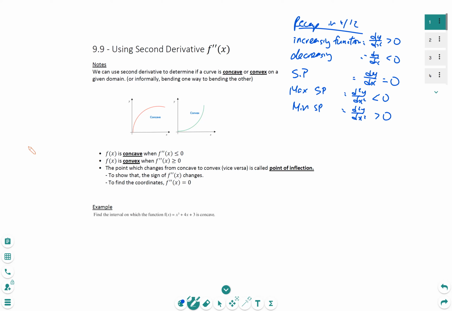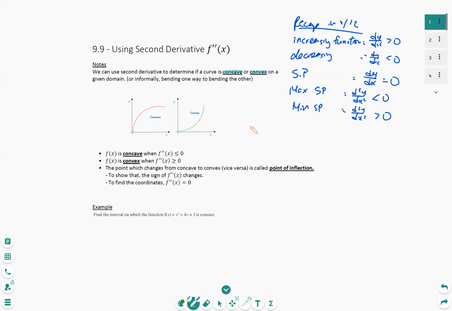Right, so notes. We can use the second derivative to determine if a curve is concave or convex on a given domain, informally bending one way or the other. If the curve bends like this, as if you're bending down to pick up something, then this is concave. Going up in a positive direction is convex. Let's look at this one by one.